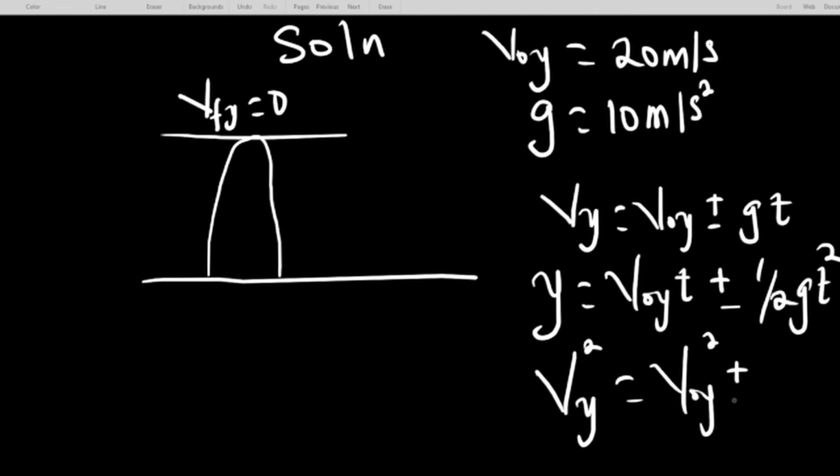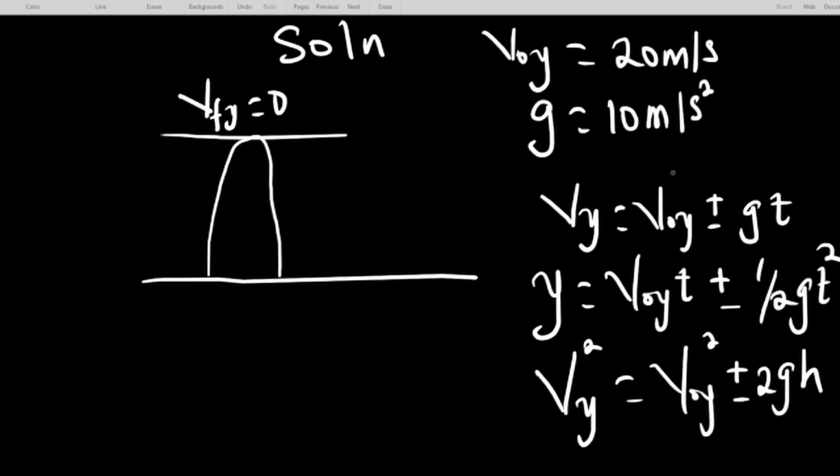Now, looking very closely at the information we have, we were asked to find the maximum height. We have our initial velocity, we have our g, and we have our final velocity, because Vy is equal to 0 meters per second at the maximum height. But we don't have h in the first equation, so we cannot use it.